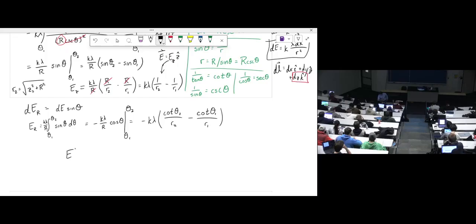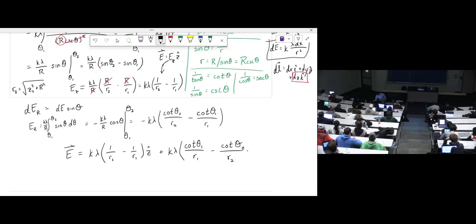But the net result of all of this is E, and I think at least parts of this are on your equation sheet, is k lambda times 1 over r2 minus 1 over r1 in z hat, plus k lambda times cotangent theta 1 over r1 minus cotangent theta 2 over r2.